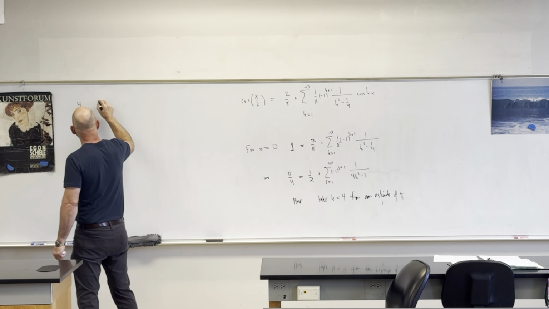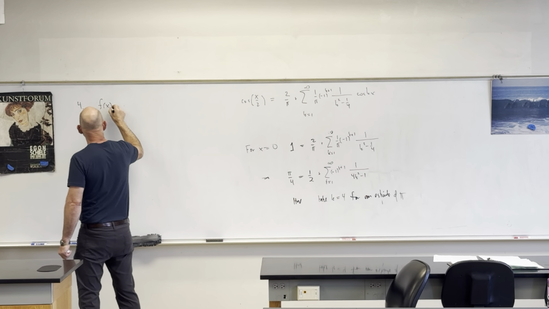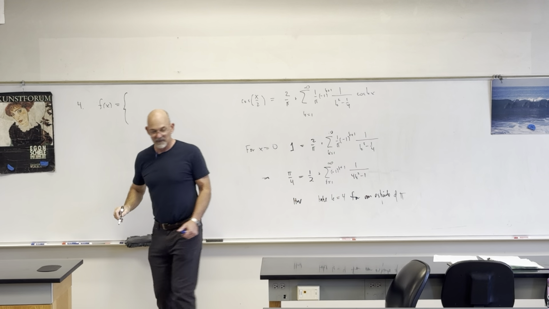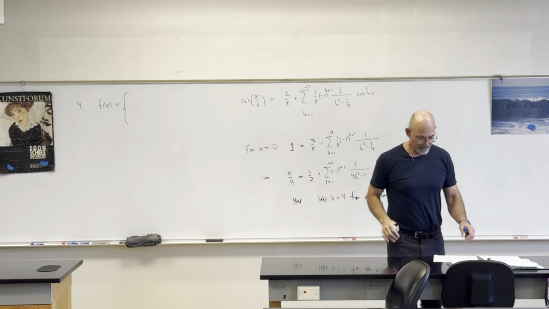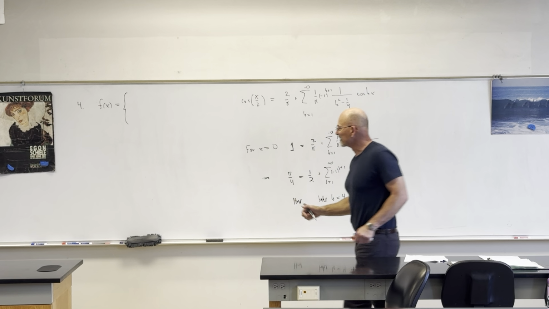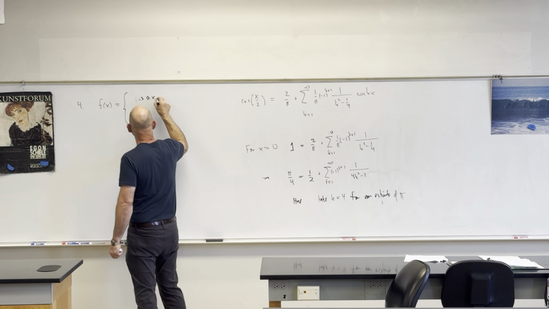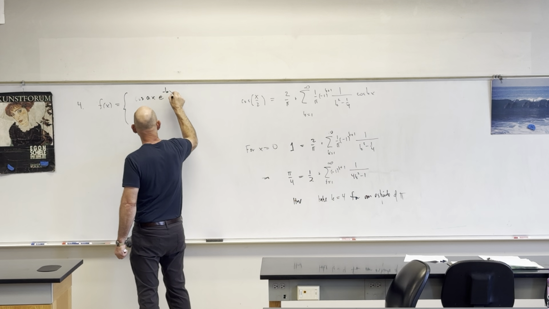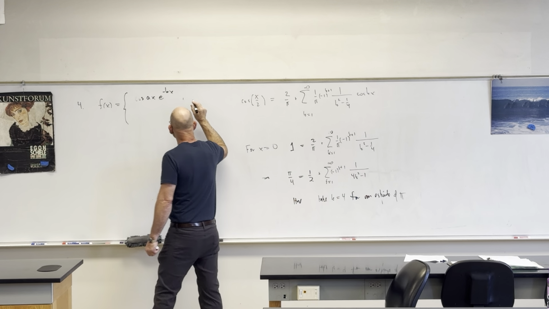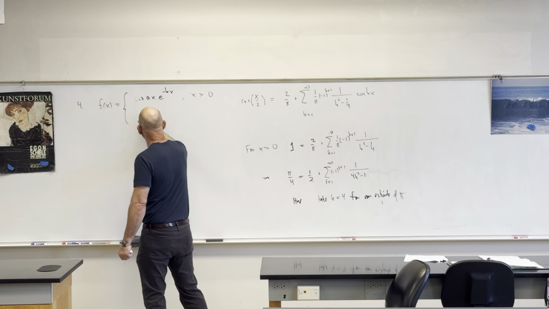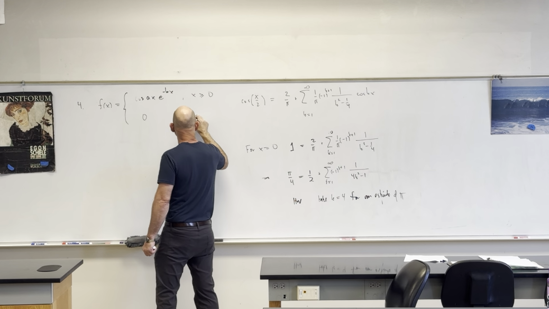So we have f of x was equal to cos ax e to the minus bx for x greater than 0, and 0 for x less than 0.